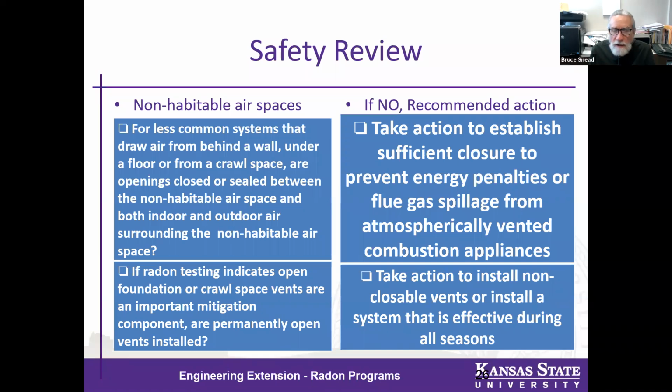This is important because there can be energy penalties when air is drawn out of the house versus radon being drawn out of the soil, or we can potentially affect the performance of atmospherically vented combustion appliances. And what's the status of the foundation or crawl space vents? Are they permanently open and vents installed? So what's the status there and what action might need to be taken if they're not properly installed?